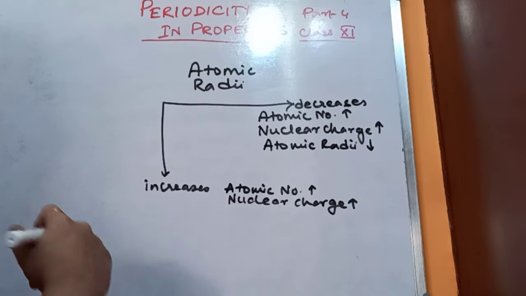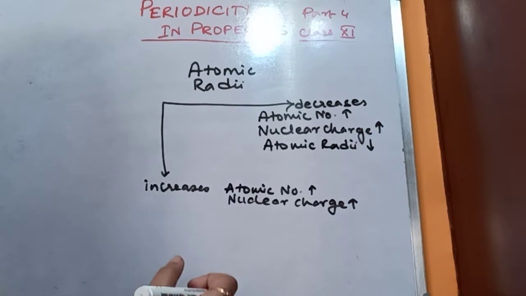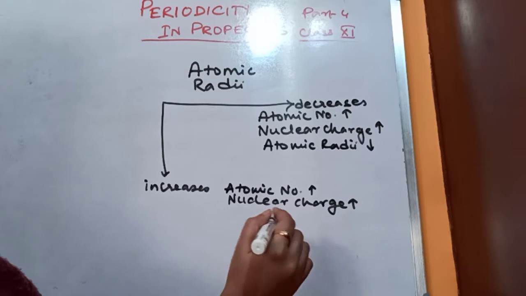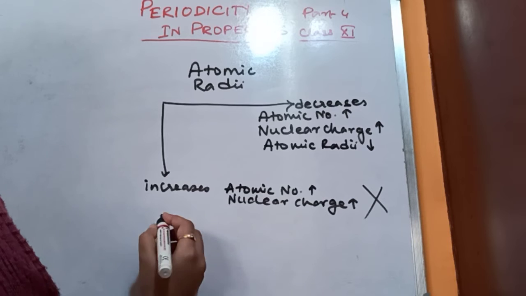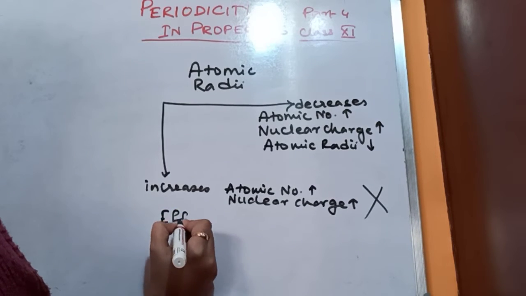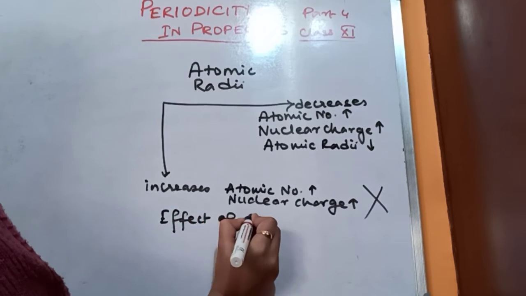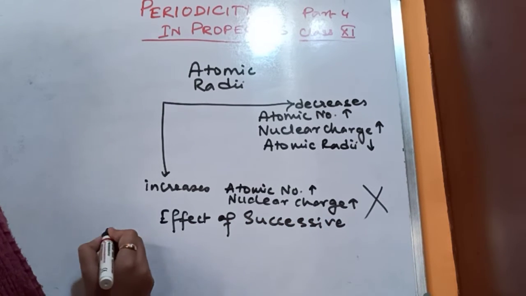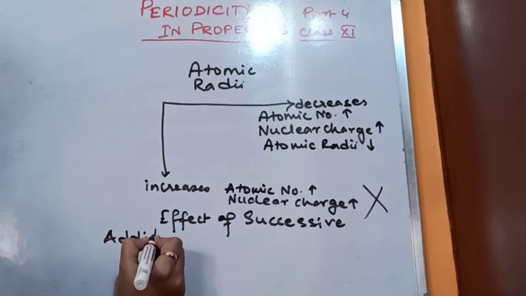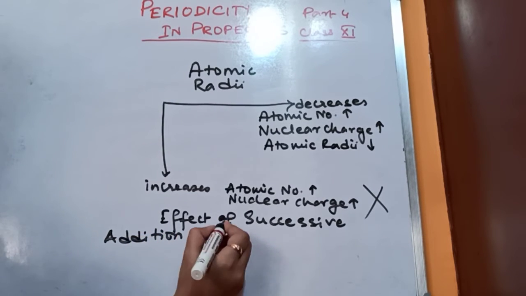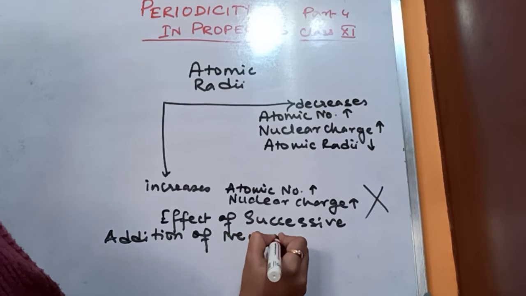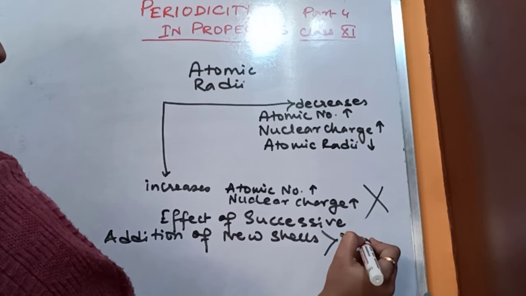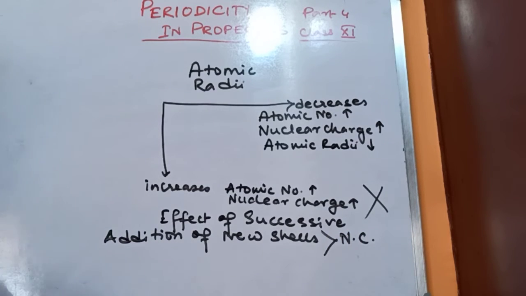So if the nuclear charge increases, the outer electrons are tightly held by the nucleus, so the atomic radii should decrease, but it does not decrease because the effect of successive addition of new shells is greater than that of the nuclear charge effect.